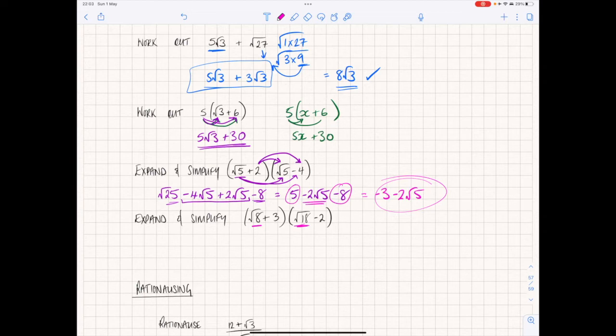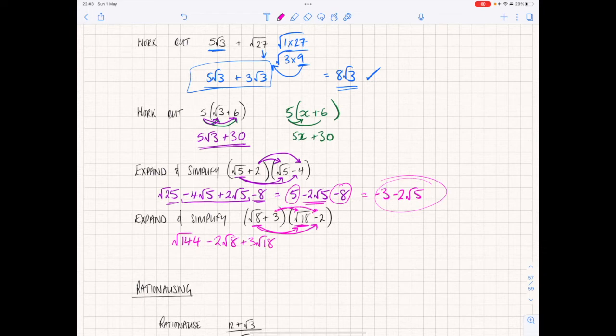Okay, so root 8 times root 18 is the same as just doing 8 times 18, which gives you root 144. Root 8 times minus 2 is minus 2 root 8. Then we're doing 3 times root 18, which is 3 root 18.